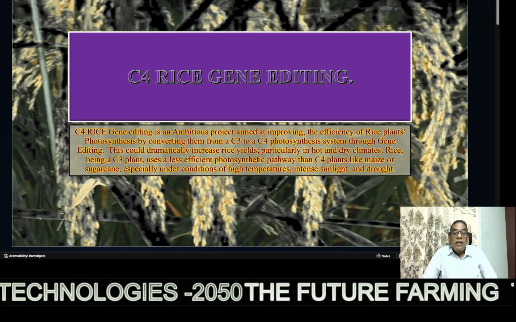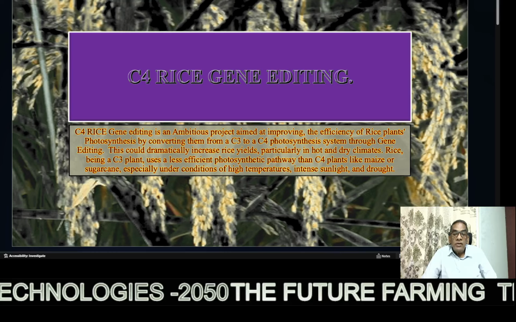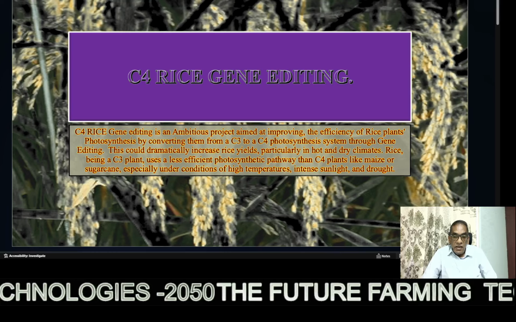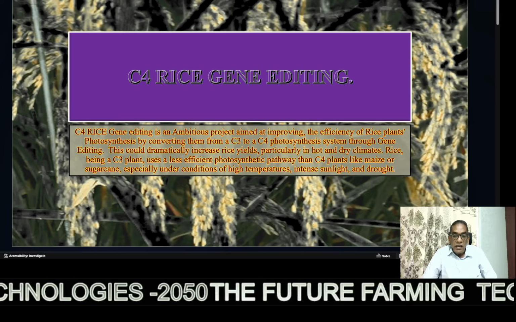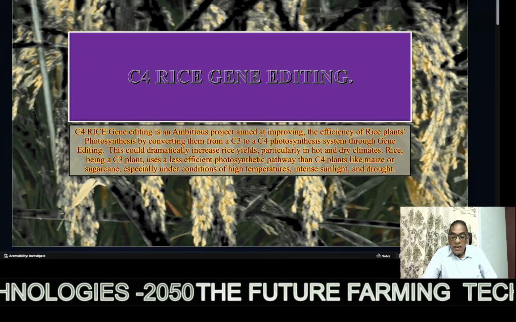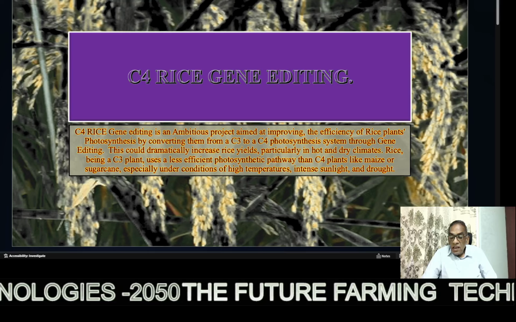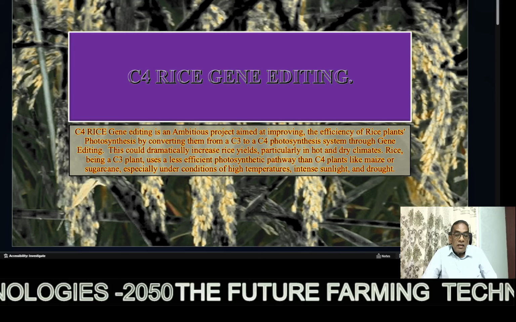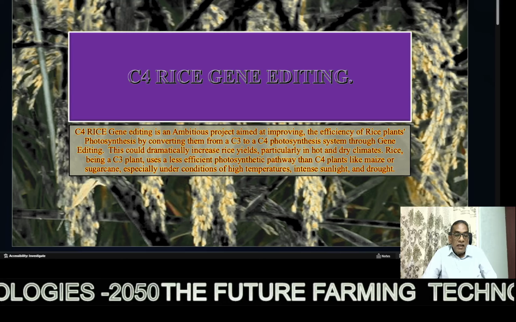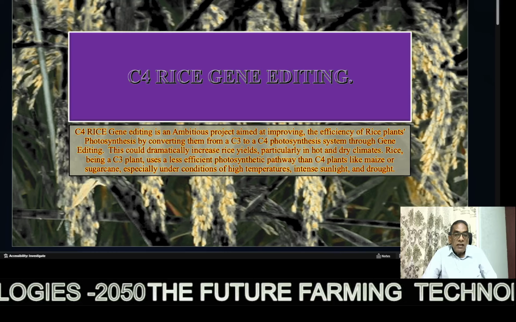So gene editing is done to improve the photosynthesis and yields of C3 rice, especially under high temperature, intense sunlight, and drought, with less water need and more efficient nutrient use.